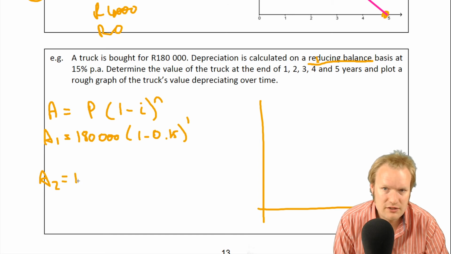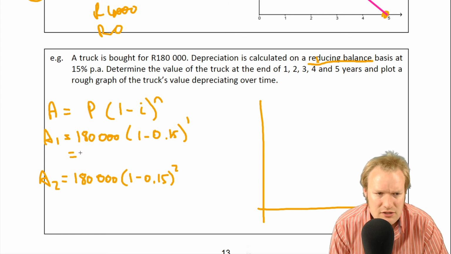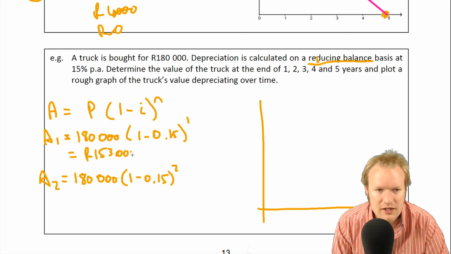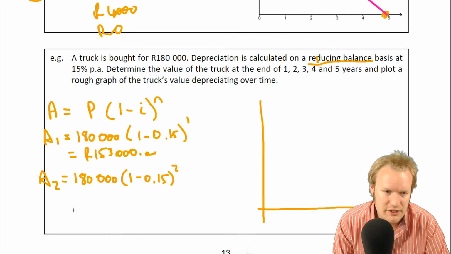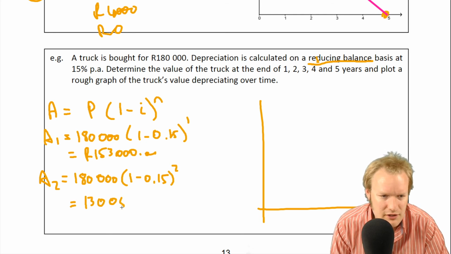After 2 years is 180,000 Rand, 1 minus 0.15, this time to the 2 years. And you're going to get a whole lot of different values. 153,000. And then you put that in and you get 130,050.